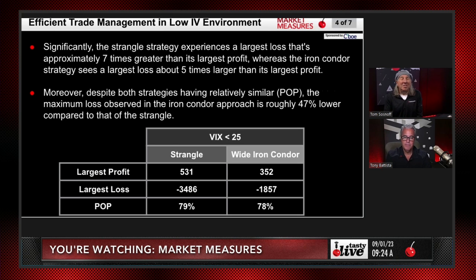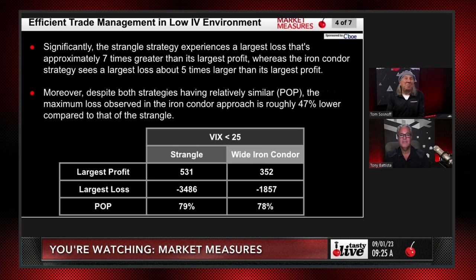Now, right on the surface, I would say that doesn't seem bad at all for a strangle. Because if the strangle's loss is only 7 times greater, but the Iron Condor's loss is 5 times greater, then why even waste your time with a defined risk trade?